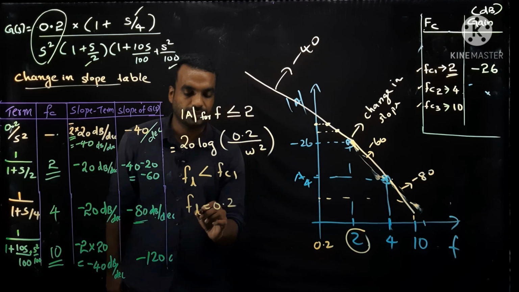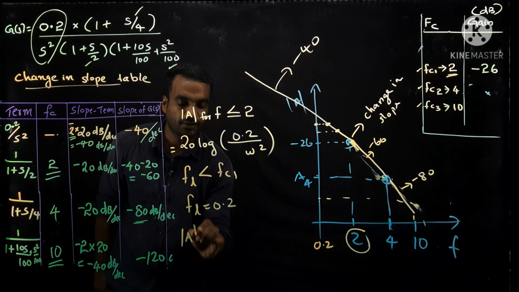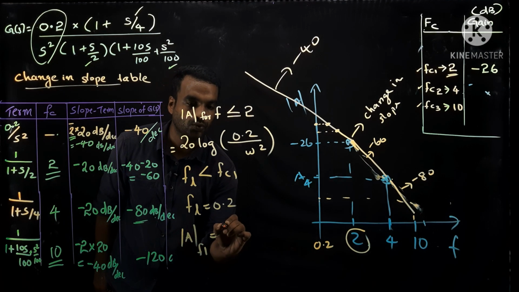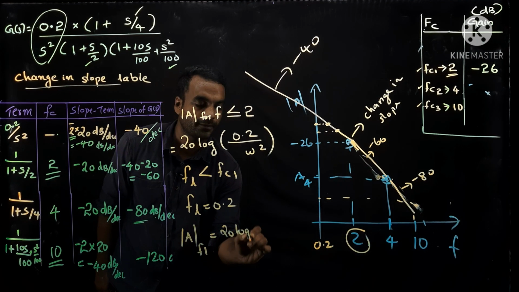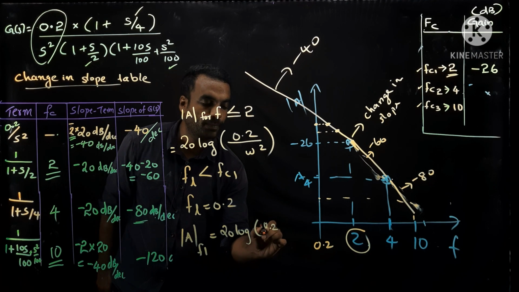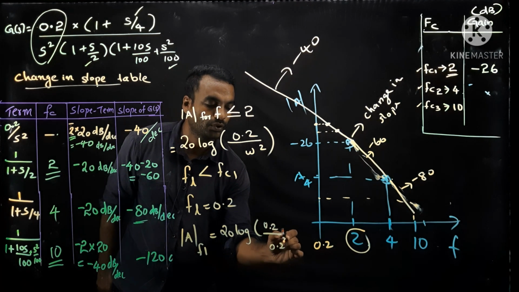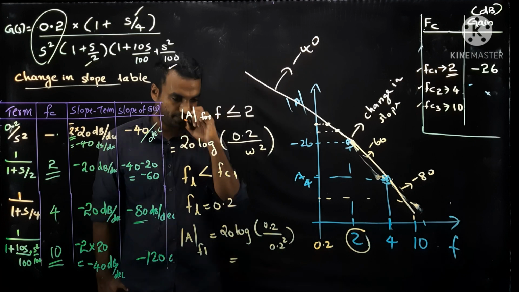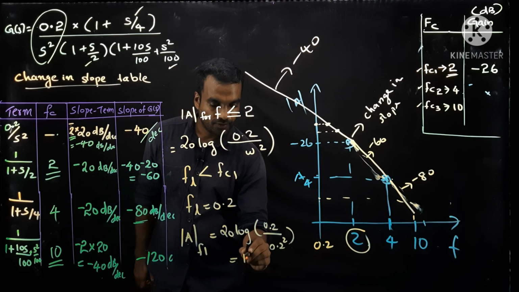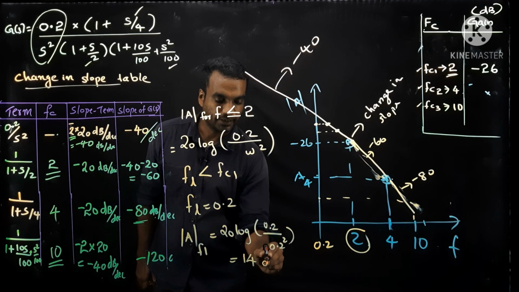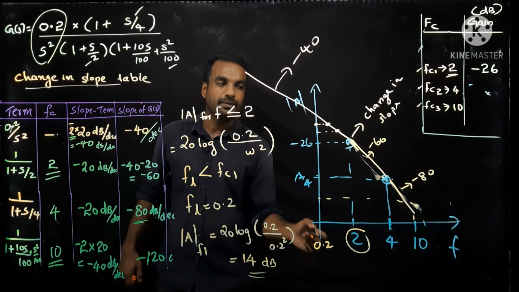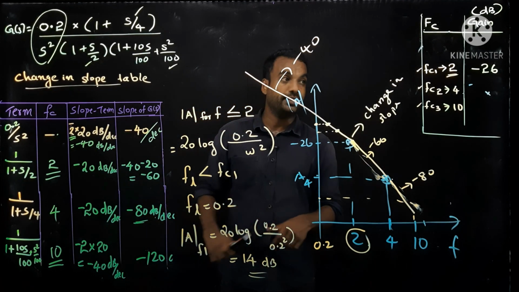Substitute that in the equation. Gain at FL is equal to 20 log 0.2 by 0.2 square. You will get 14 dB. Please check it. You will get 14 dB.